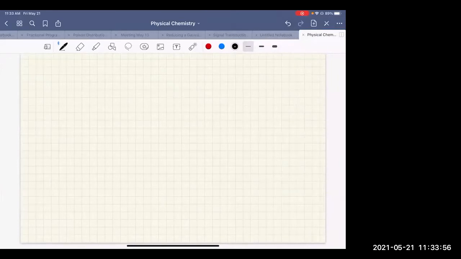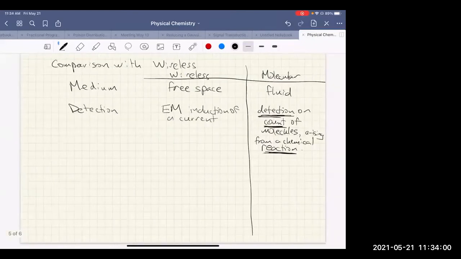I want to talk a little bit about energy. So let's go back here and think about energy. Energy is a very significant concern in wireless, and a lot of the work that we do is to optimize systems with respect to their energy expenditure.